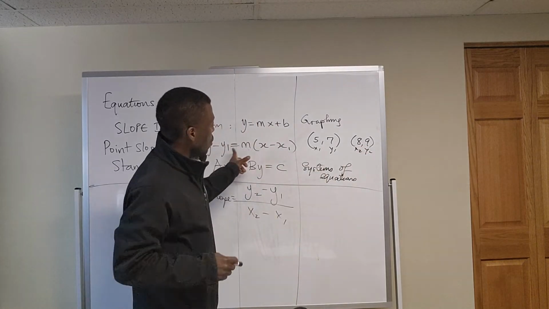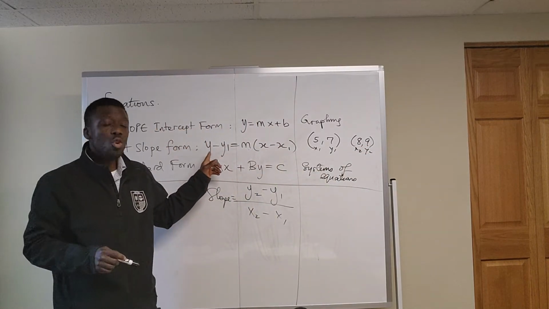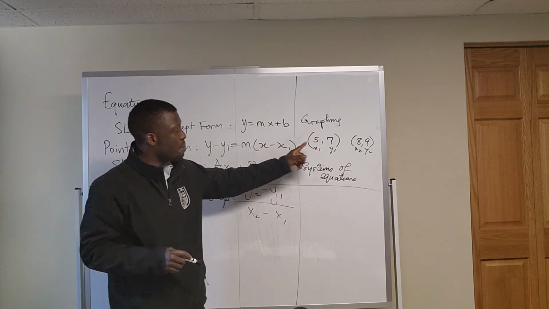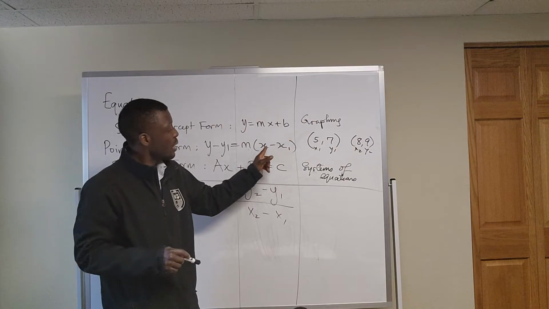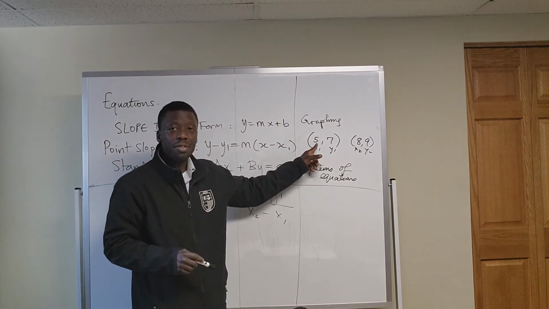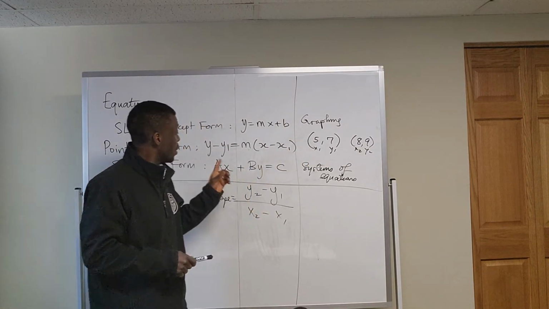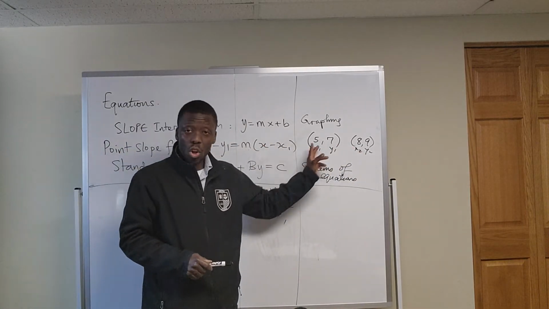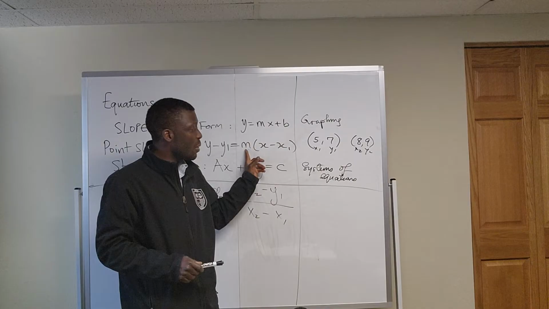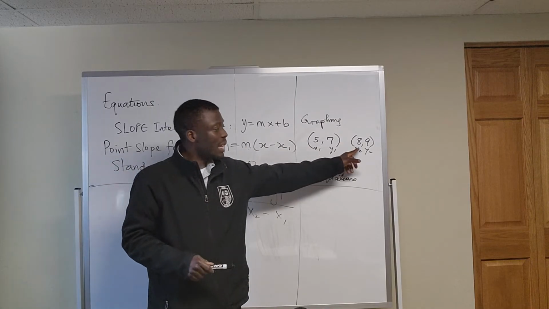When you're using the point-slope formula, you can use y minus 7 is equal to whatever the slope is of those values, x minus 5. Or you can use y minus 9 is equal to the slope of these values times x minus 8.